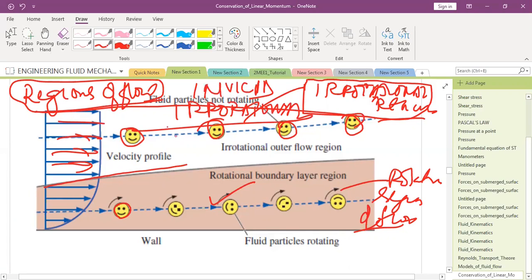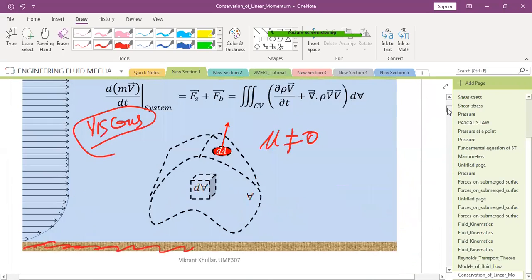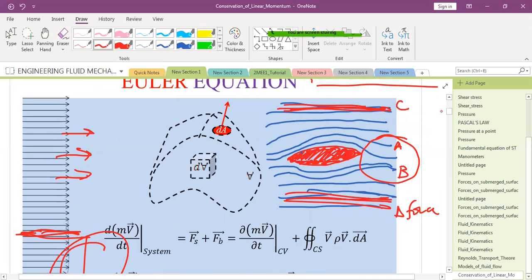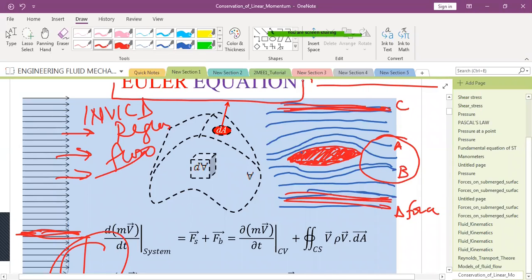Clear? Any doubts to anyone? So please remember, conservation of linear momentum, if I apply it to inviscid region of flow, is given a special name called Euler equation.